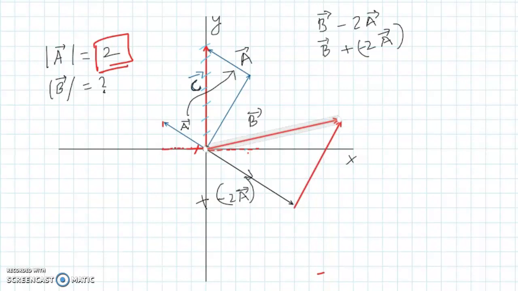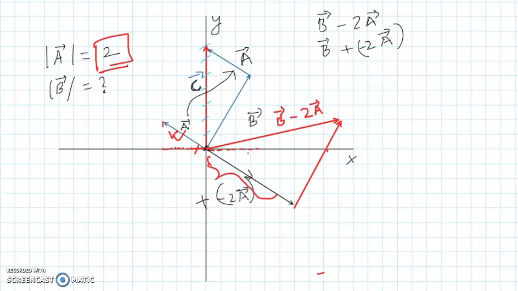Okay, this is the resultant vector. We have got this. So this final red one is b minus 2a, and you know here is a and the whole thing is 2a. We know how we can draw 2a.